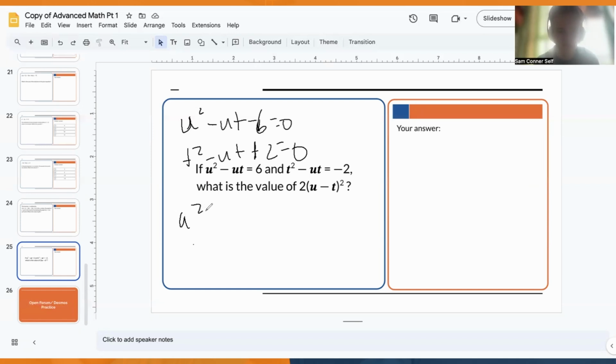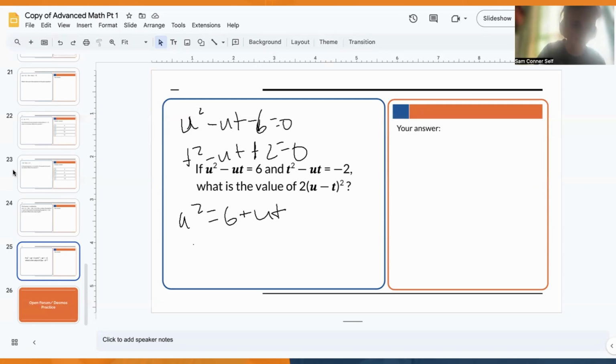So u squared is going to be equal to ut. I'm going to do it this way because I want to isolate t in this.